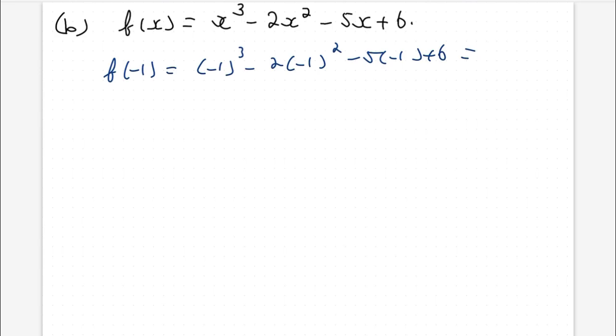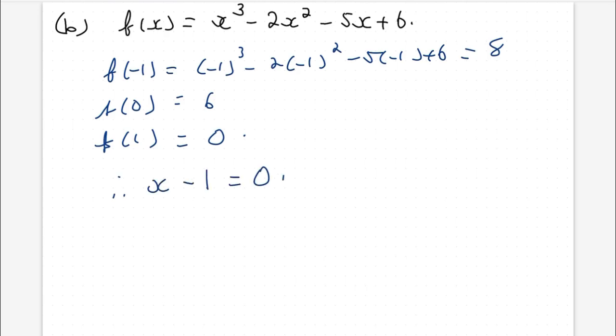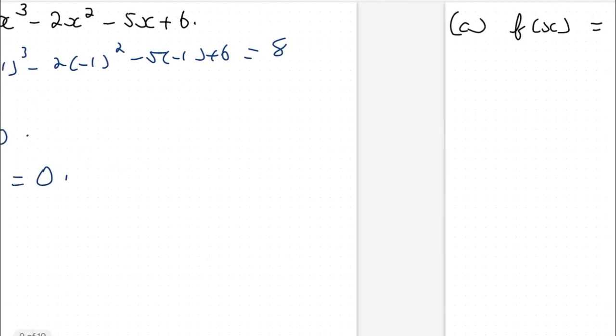This gives me 8. I'll try f of 0, but that's going to give me 6. Then I'll try f of 1: 1 cubed minus 2 into 1 squared minus 5 into 1 plus 6. And great, that gives us 0. That means x minus 1 is a factor. Let's try another one.